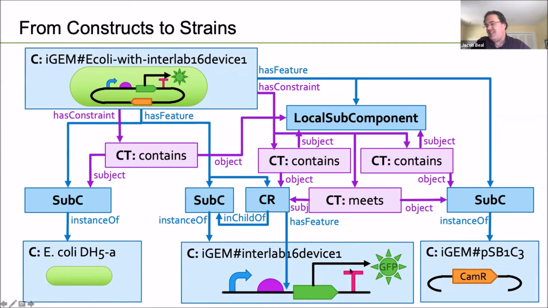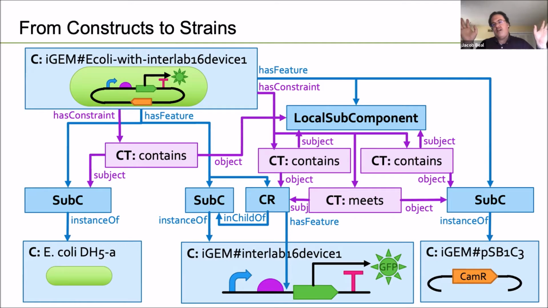So here we're going to take this device that we talked about before, a piece of DNA regulated by this particular promoter to make GFP at a high level. We're going to put that into a high copy plasmid backbone with chloramphenicol resistance, the PSB1C3 backbone. To do that, we're going to make a local subcomponent that is saying this is the assembled plasmid.